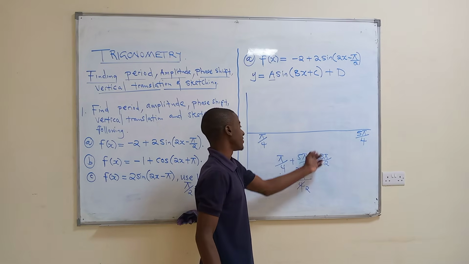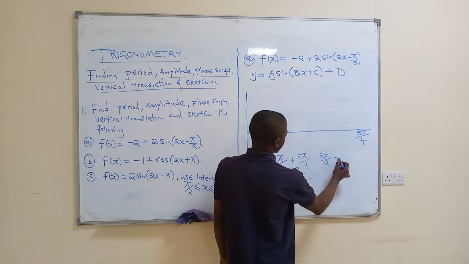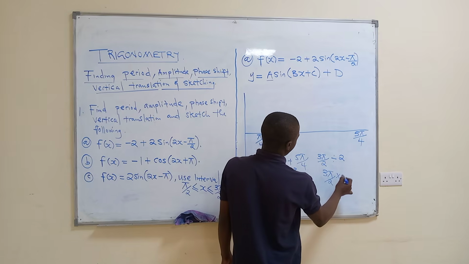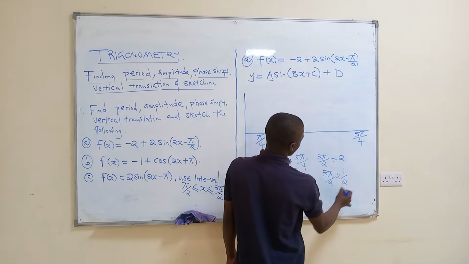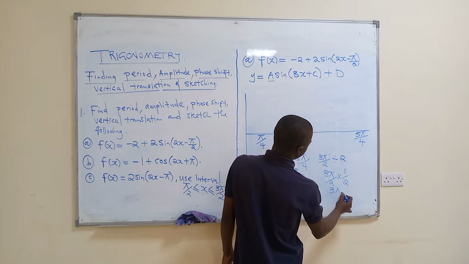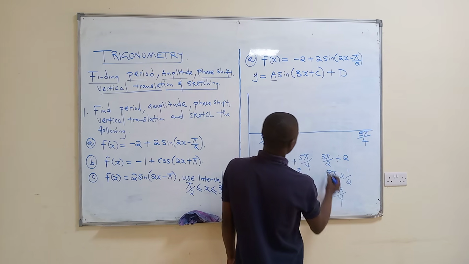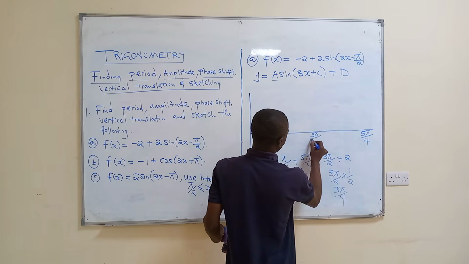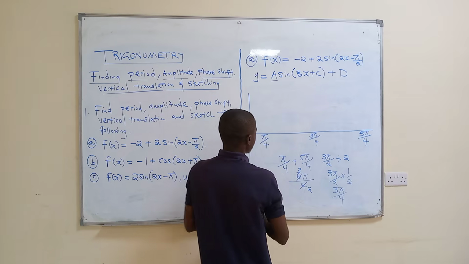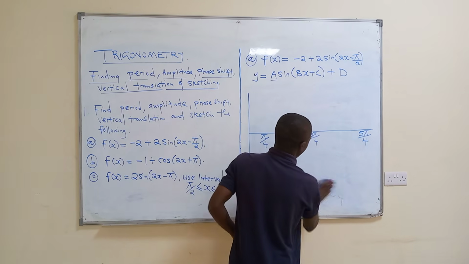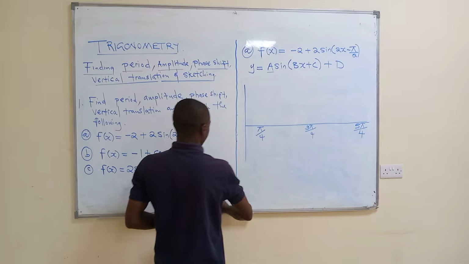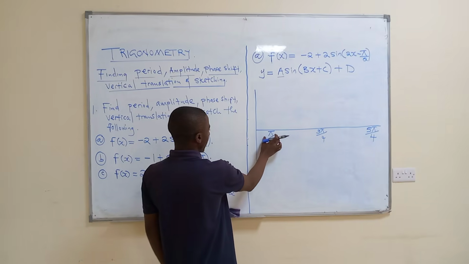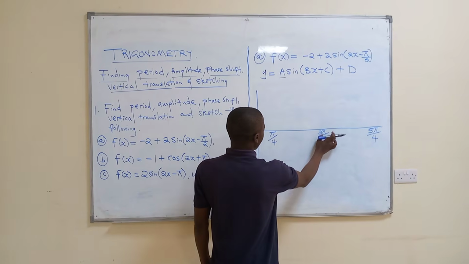I have to divide this value by what? By 2. That is 3 pi over 2 times 1 over 2. So that is 3 pi over what? 4. So the value in between, that is 3 pi over 4. So apart from that, since I know the middle value here, I can also find the value in between here by adding pi over 4 plus 3 pi over 4.